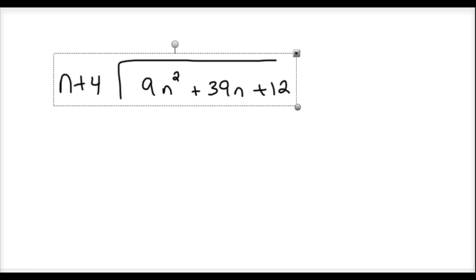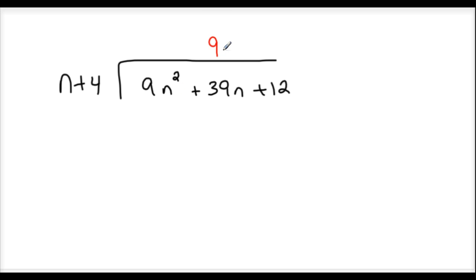Now the quantity n plus 4 into 9n squared plus 39n plus 12. The only difference here is now I have a leading coefficient of 9 rather than 1. So n times what is 9n squared? 9n. So 9n. N times 9n, 9n squared. 4 times 9n is positive 36n.